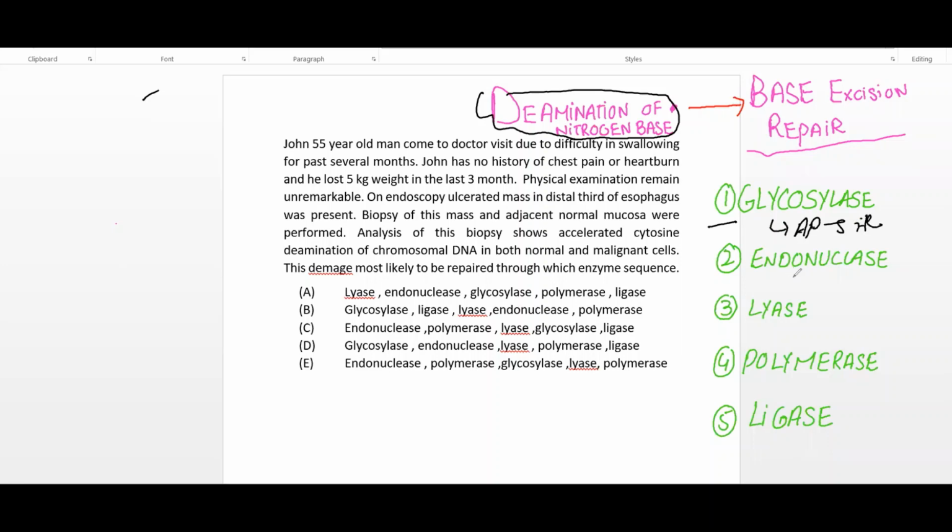Next, the endonuclease cleaves the 5' end. Next is the lyase, which cleaves the 3' end. The next enzyme is the polymerase, and the last one is the ligase. Basically, this is the sequence that happens in the base excision repair of the DNA. This sequence matches option D, so option D is the right answer to this question.